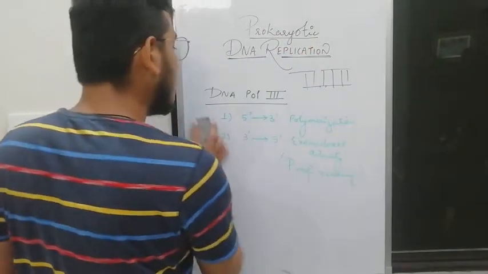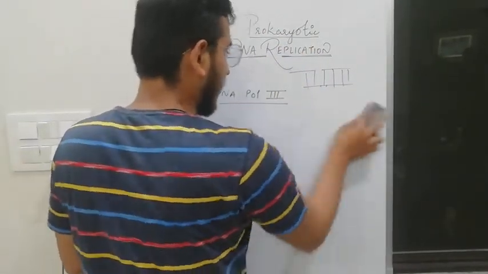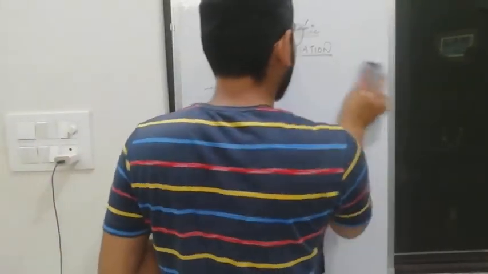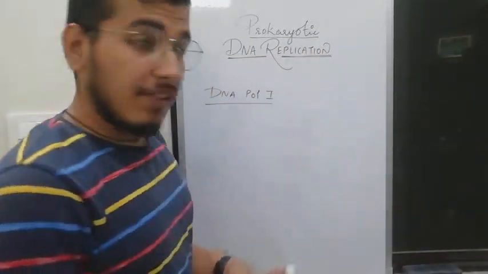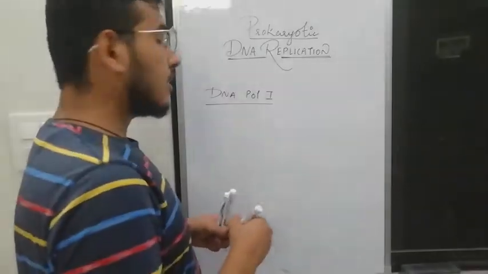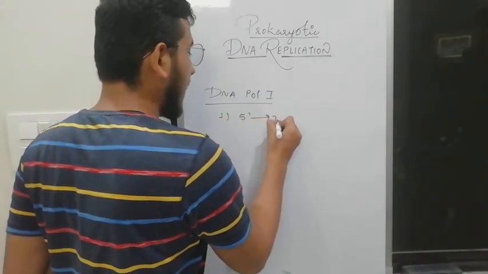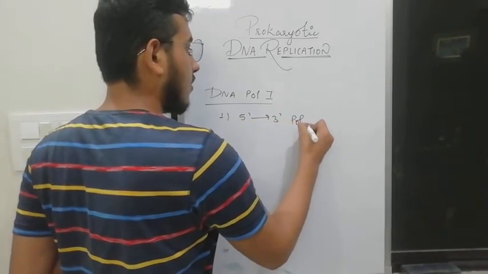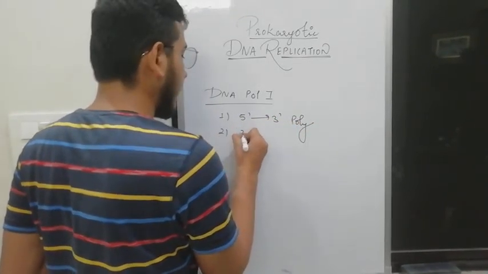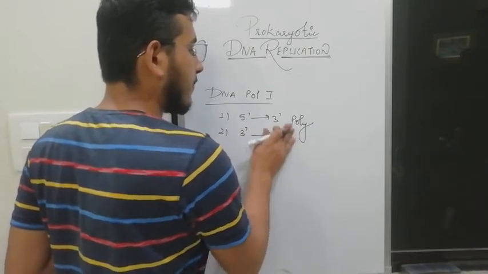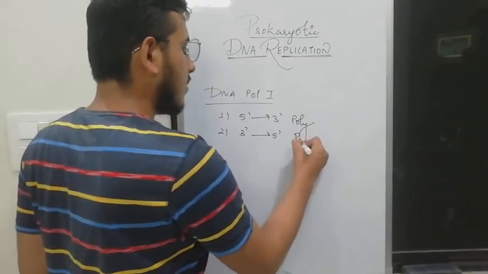Now when we come to DNA polymerase 1, we will see, along with both functions, first 5' to 3' polymerization, second 3' to 5' proofreading. We'll write here proofreading exonuclease activity.